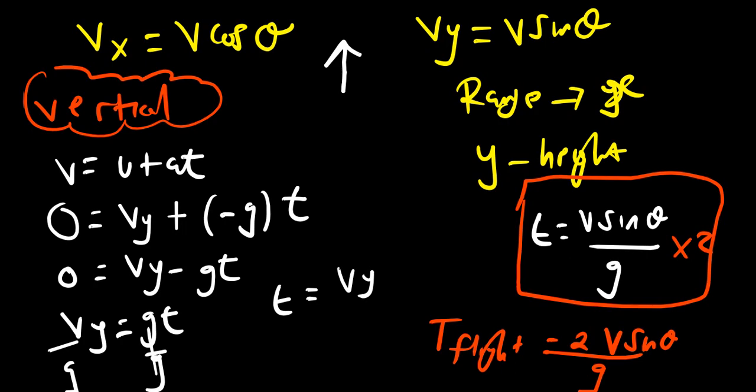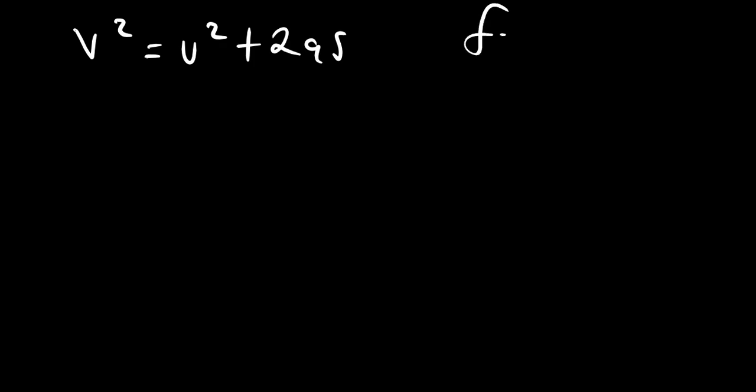Let's continue talking about the vertical direction. There's another equation of motion where I say v squared is equal to u squared plus 2as. The final velocity, like we've said, is equal to 0 in the y direction.